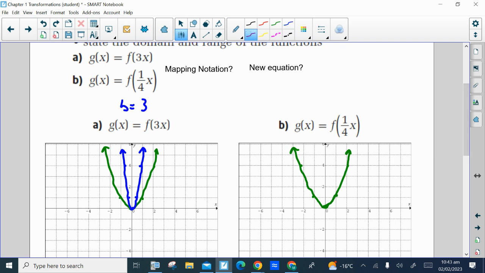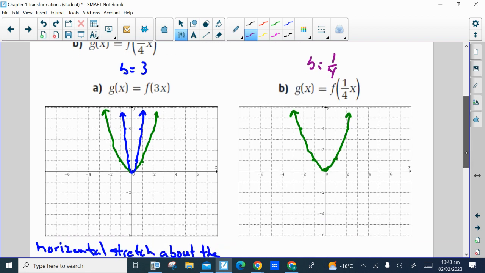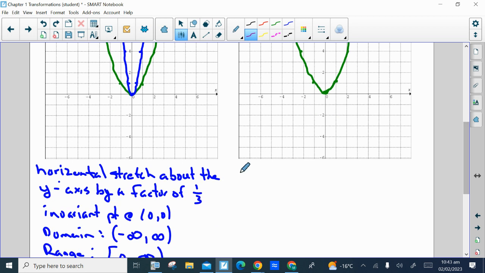So for question B, our b value is 1/4, which means we're going to have a horizontal stretch. But once again, the horizontal stretch factor is the reciprocal of b. So we'll have a horizontal stretch by a factor of 4.